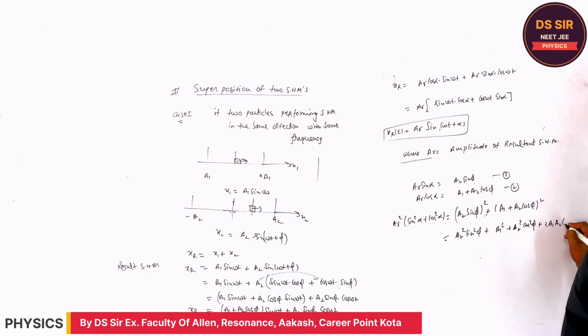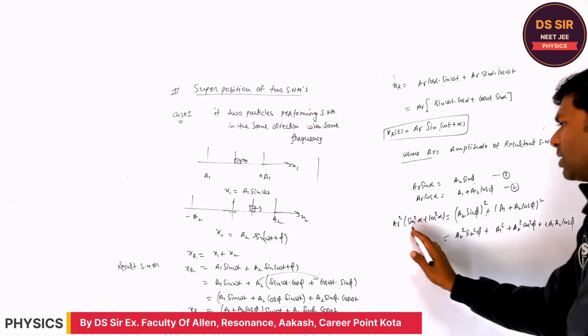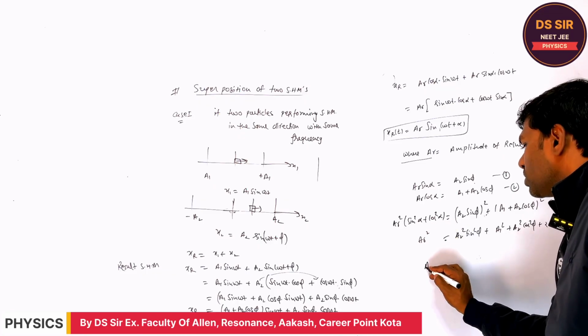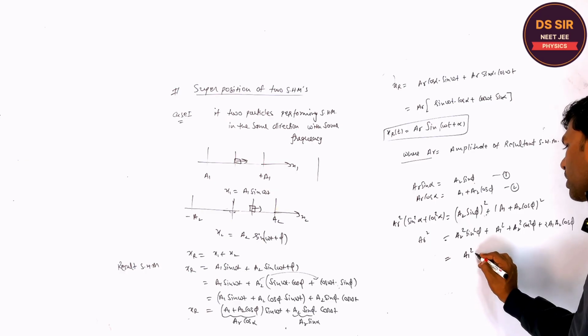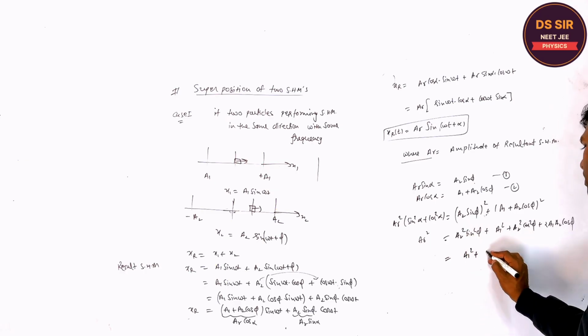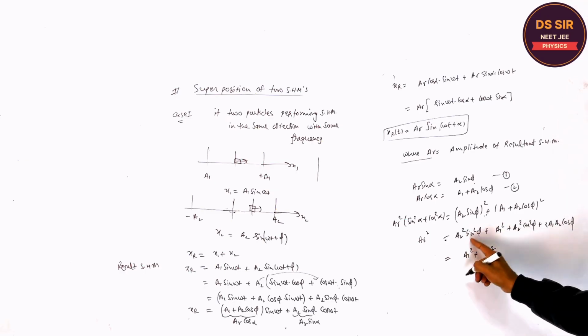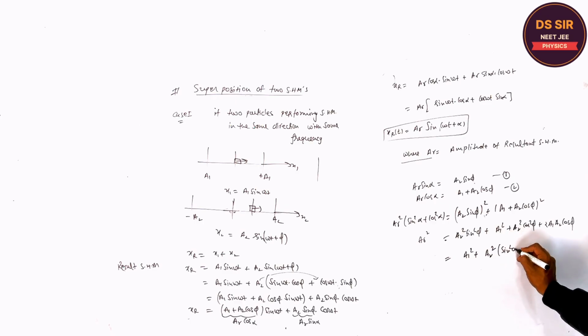Expanding, this is a1 square plus, taking a2 square common, sin square phi plus cos square phi, plus 2 a1 a2 cos phi.